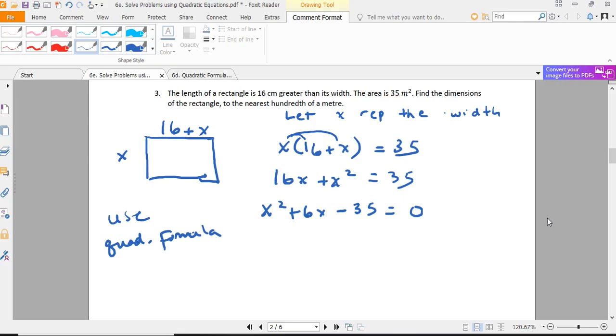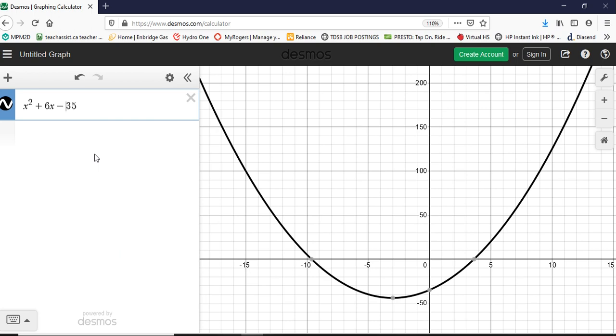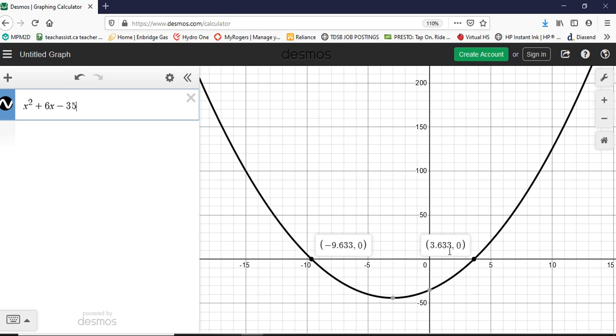And I'm going to go back and realize I typed it in wrong. This should be minus 35. Okay, so my two values are going to be 3.633 and negative 9.6. So in the context of this question, a negative width makes no sense. So I know the answer is going to be 3.633.